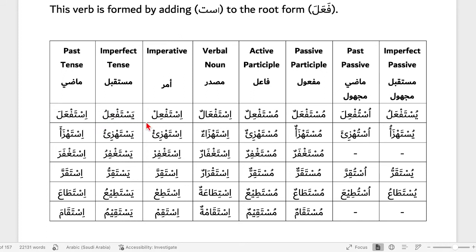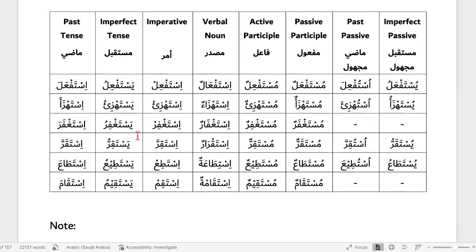Istaf'ala, yastaf'ilu, istaf'il, istif'alun, mustaf'ilun, mustaf'alun, ustuf'ila, yustaf'alu. Another verb, istahza, yastahziyu, istahzi, istihza'un, mustahziyun, mustahza'un, ustuhziya, yustahza'u.